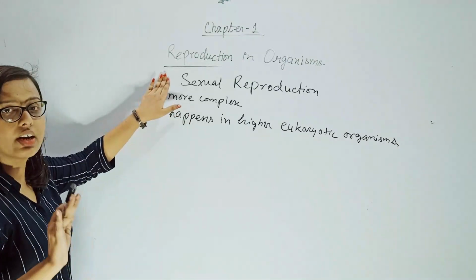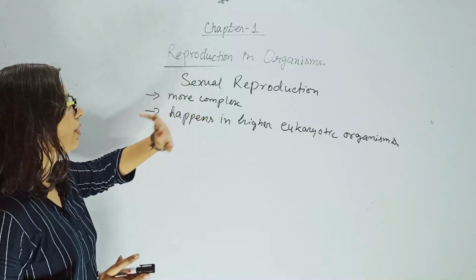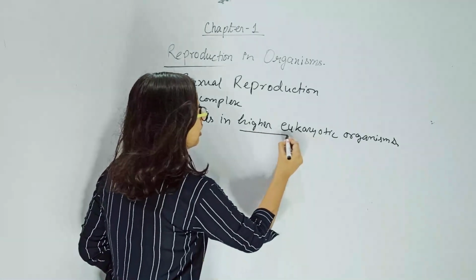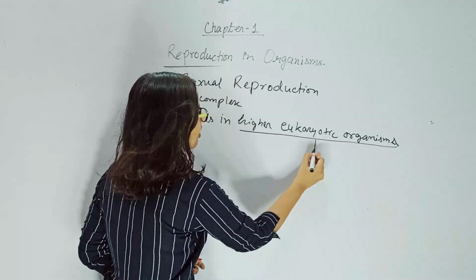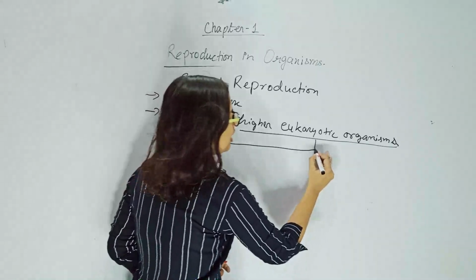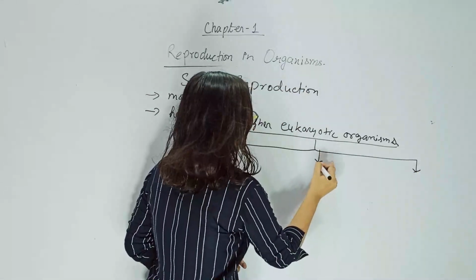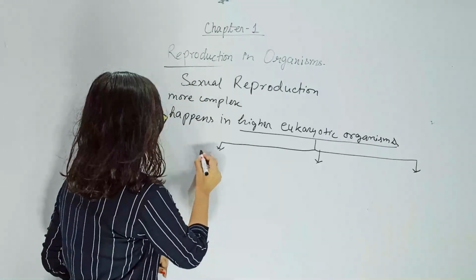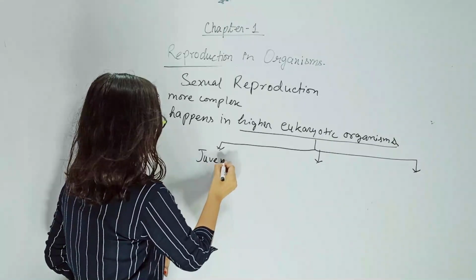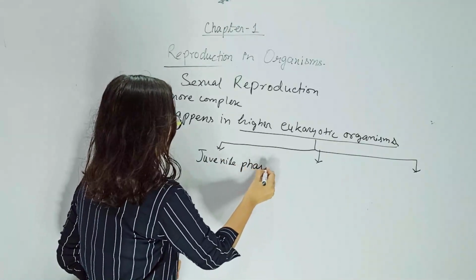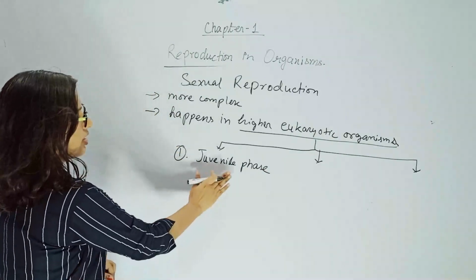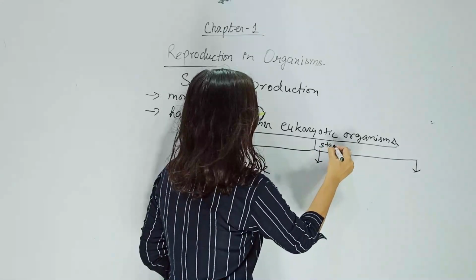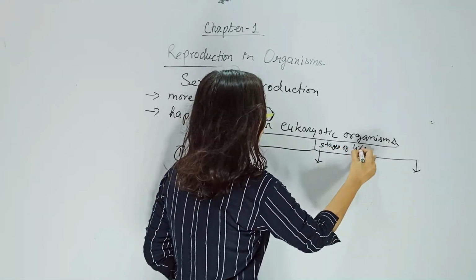So whichever organism is undergoing sexual reproduction, its lifespan is divided into three phases. Three phases are there in the lifespan of those complex eukaryotic organisms which will undergo sexual reproduction. So the first stage is the juvenile phase. Juvenile phase is the first phase in case of higher eukaryotic organisms, stages of life.